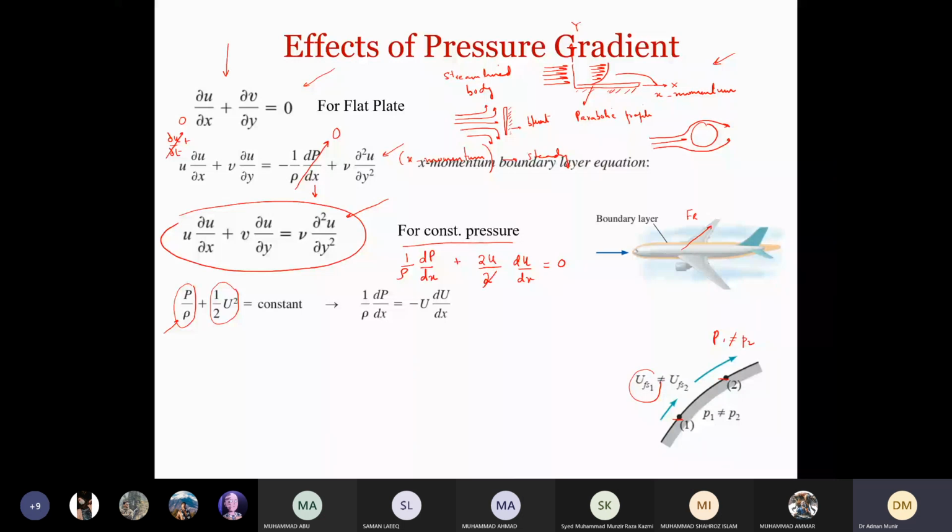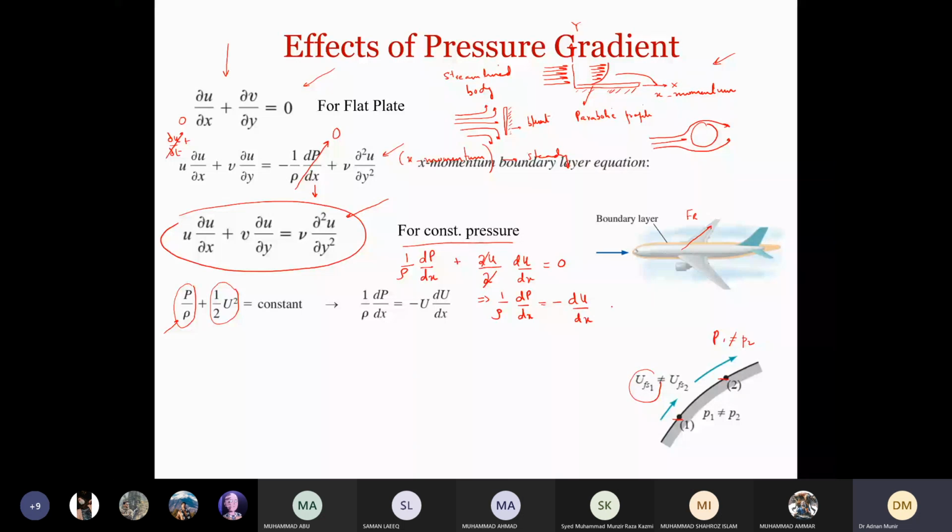So this 2 will cancel out with this 2, and I will have the equation 1 over rho dP over dx. And if I take this term to the other hand side, it will become minus u du by dx.